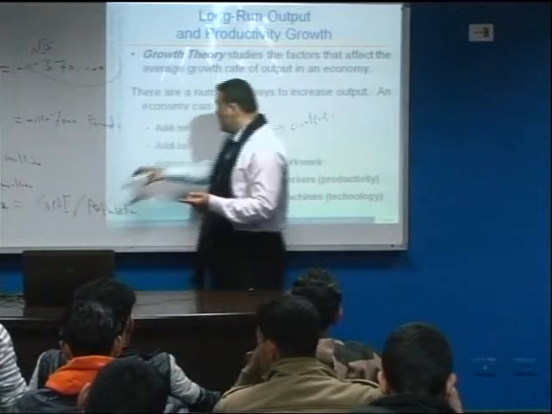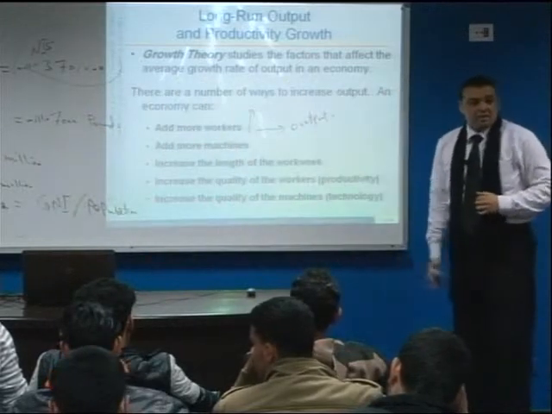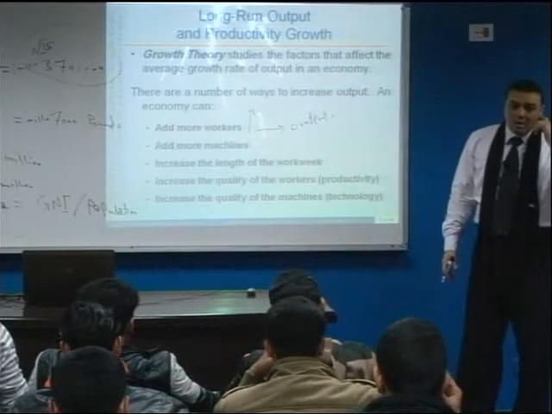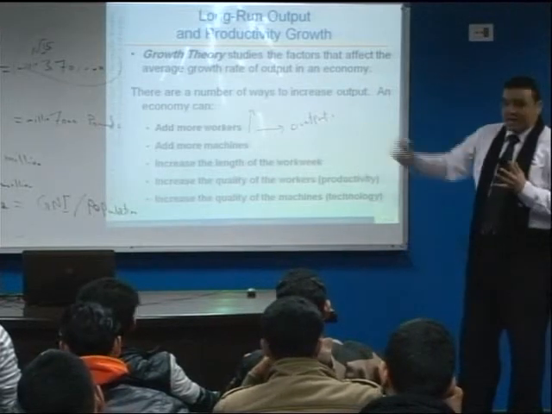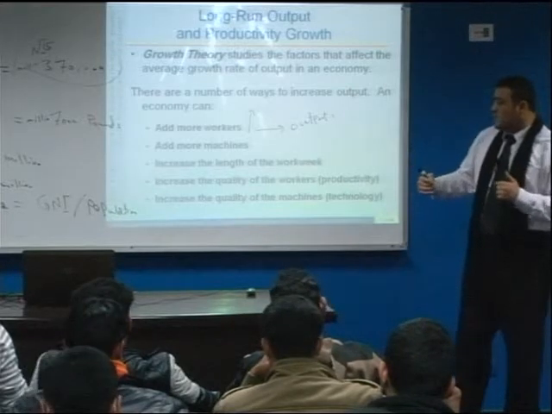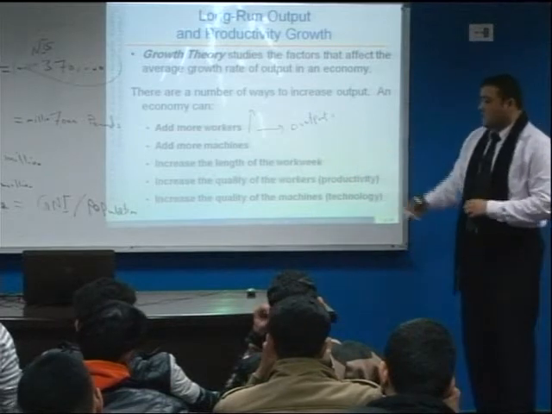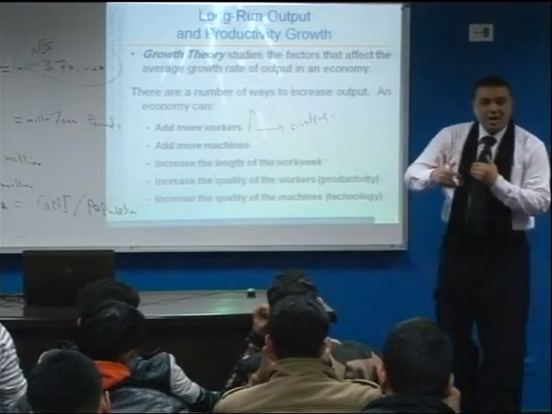So we have 5 main factors that affect the growth of output. Number one, we can add more workers, more machines, and we can increase the length of the working hours, the work week.